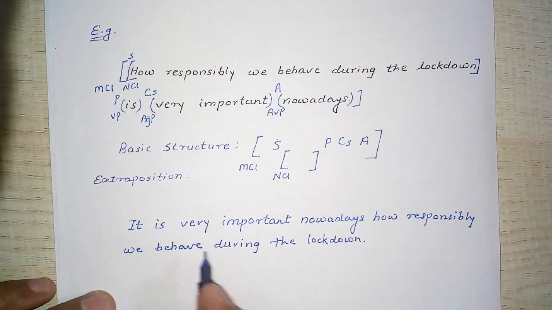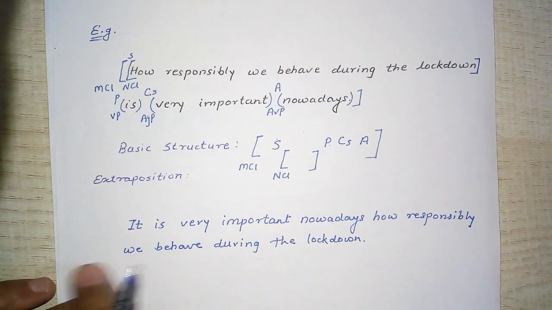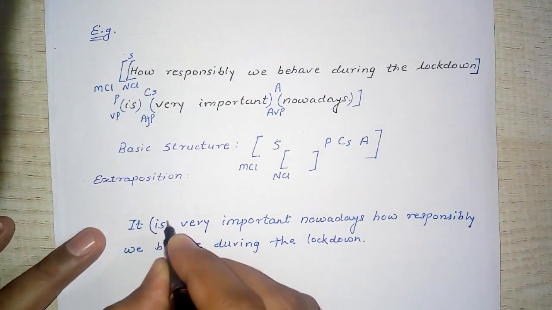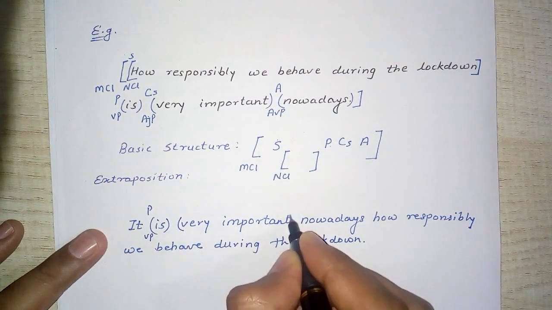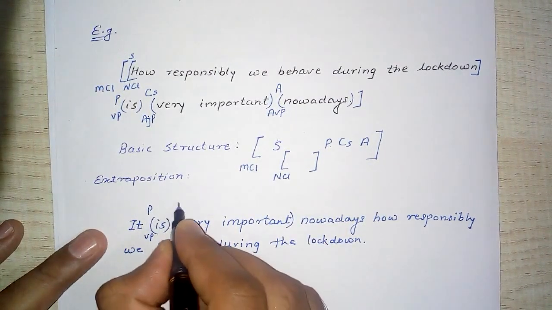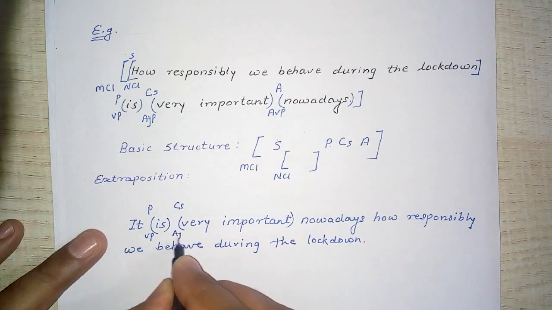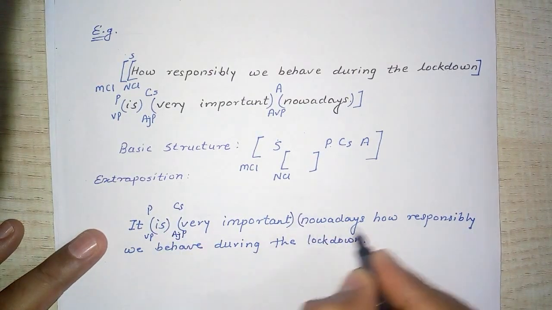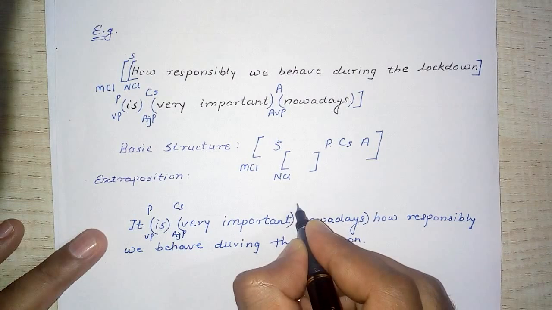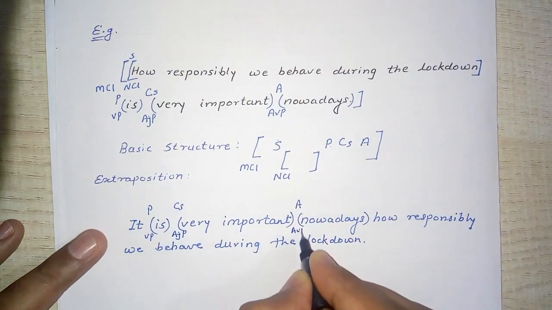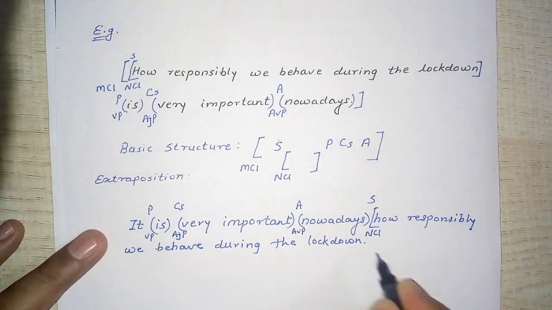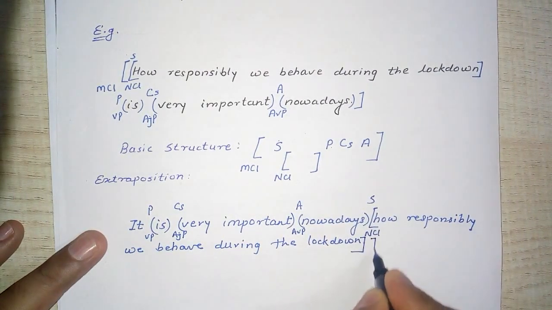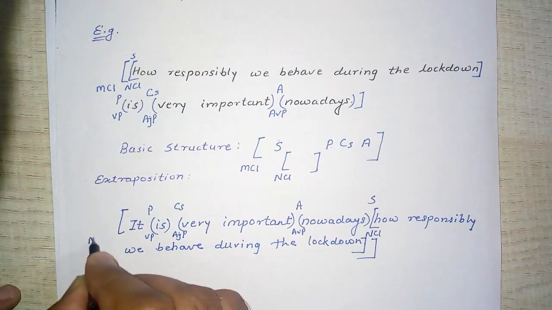Now we have to analyze this sentence also. So is here is a predicator, it is a verb phrase. Very important is subject complement, adjective phrase. Nowadays is adverbial, adverb phrase, and this again is a subject and noun clause. So MCL.